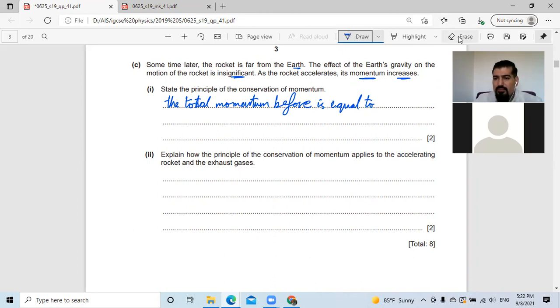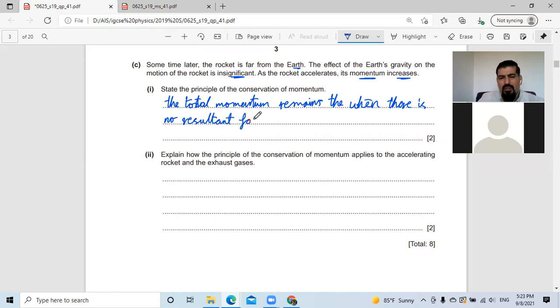The total momentum remains the same in any isolated body when there is no resultant force acting on the body.